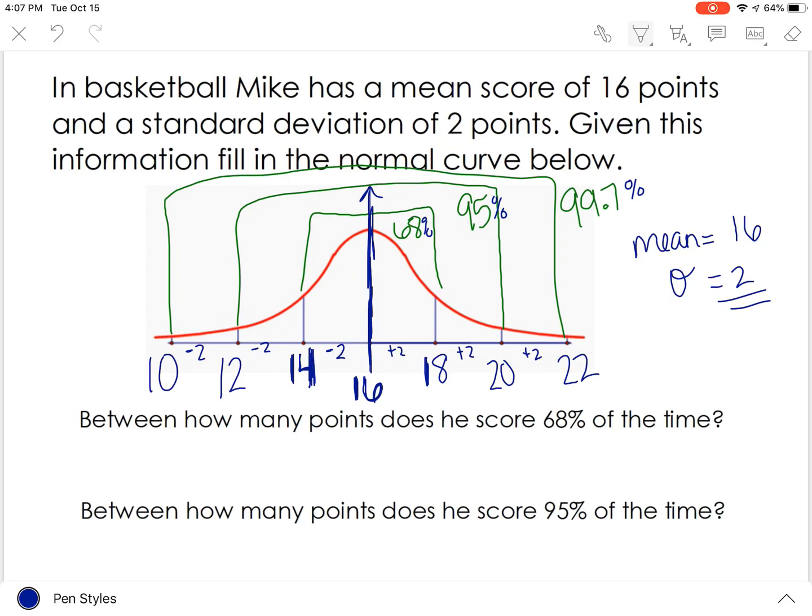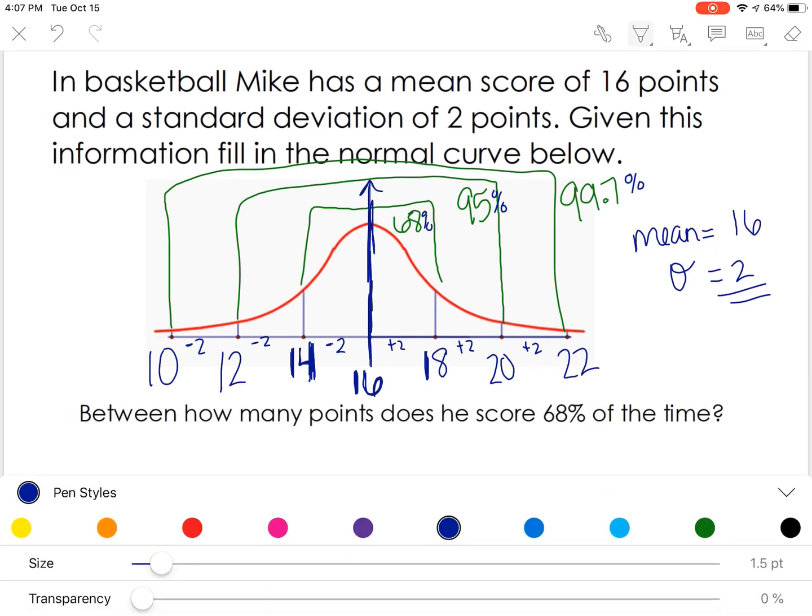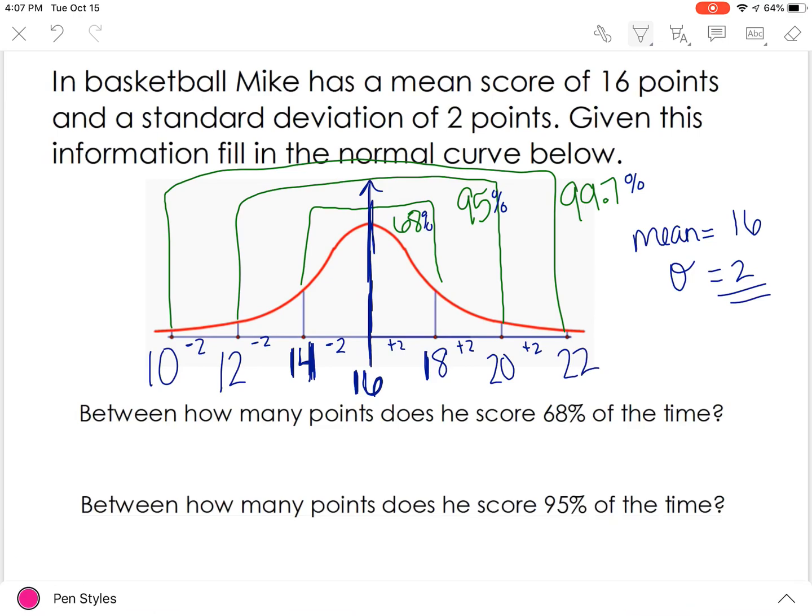Now that we have our normal curve filled out, we can answer some questions. Between how many points does Mike score 68% of the time? Looking at our curve, from right here to right here is 68% of the time. So this area represents 68% of the time, and we can see that that's 14 to 18.